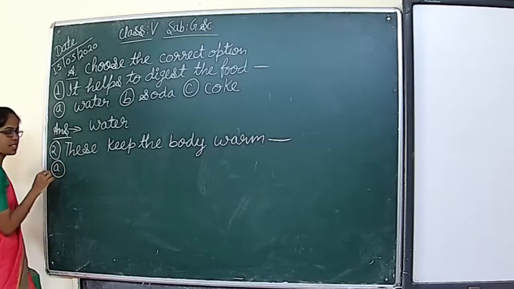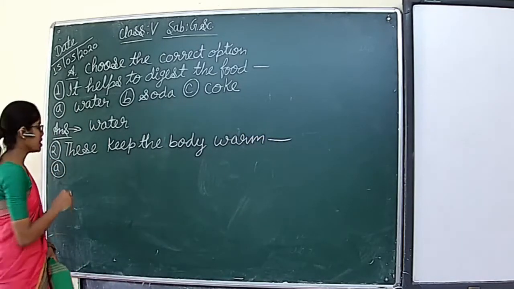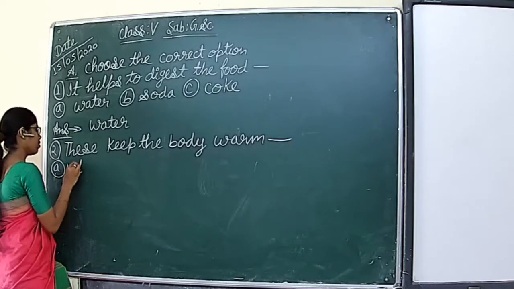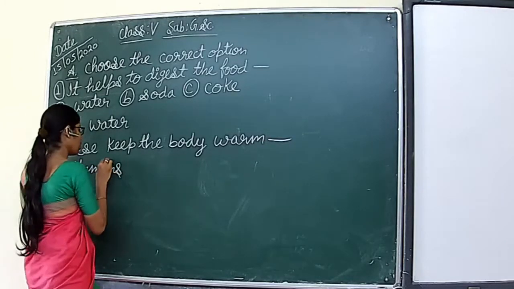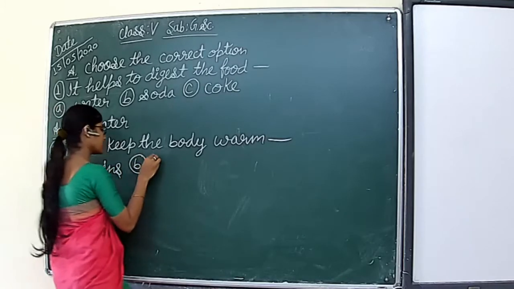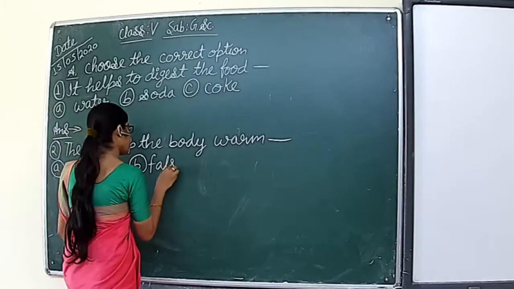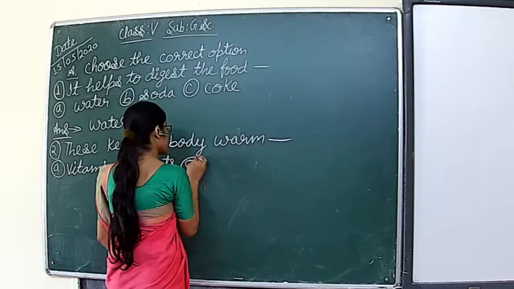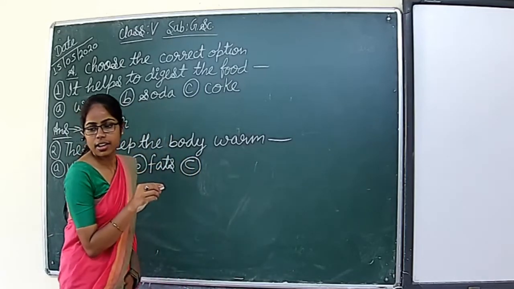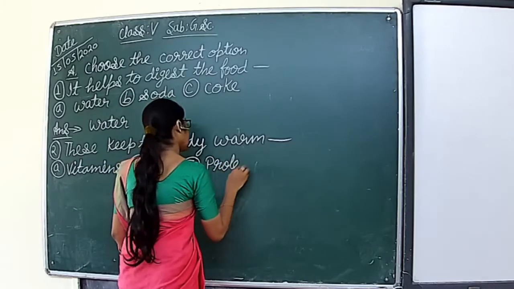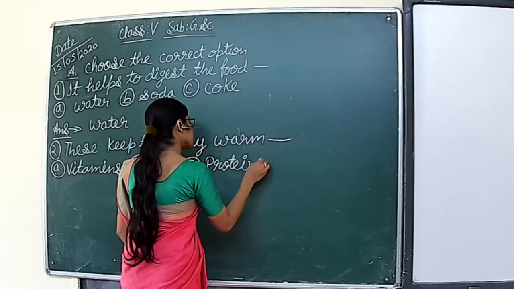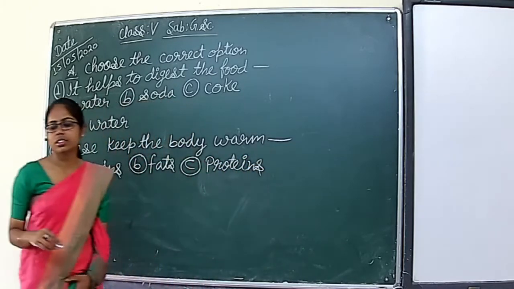First option is vitamins. Second option is fat. And the last option is protein. These are the nutrients of the food.